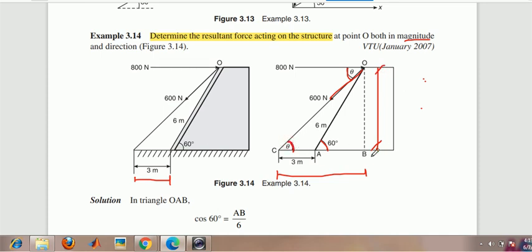But we don't know what the AB distance is and we don't know what the OB distance is. Therefore, first you need to consider the small triangle, that is OAB. You need to consider this triangle first, that is OAB, in order to find out AB and OB distances.